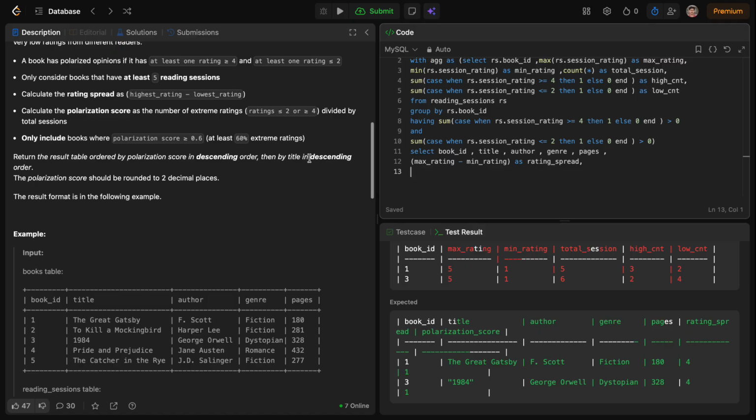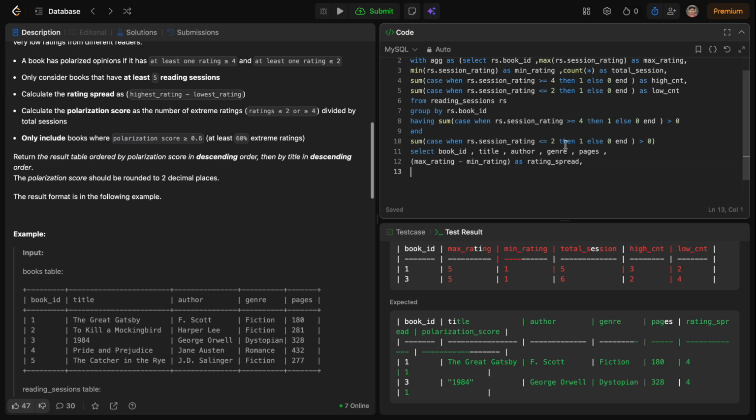The next thing is to find the polarization score, which is the number of extreme ratings divided by the total session. The highest count is ratings greater than or equal to 4 and the lowest count is ratings less than or equal to 2. If we sum these two values, we get the extreme ratings, divided by the total session, which we already found for each book ID.